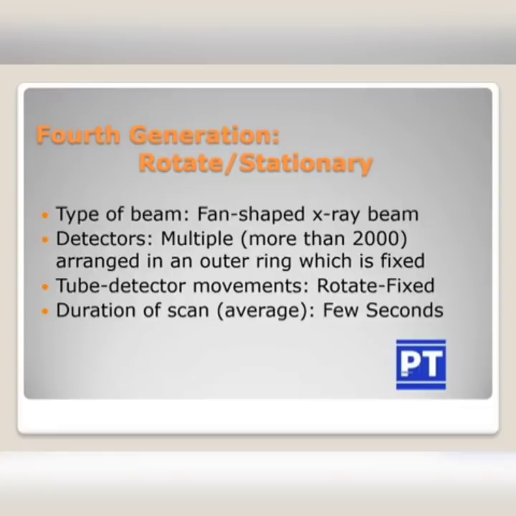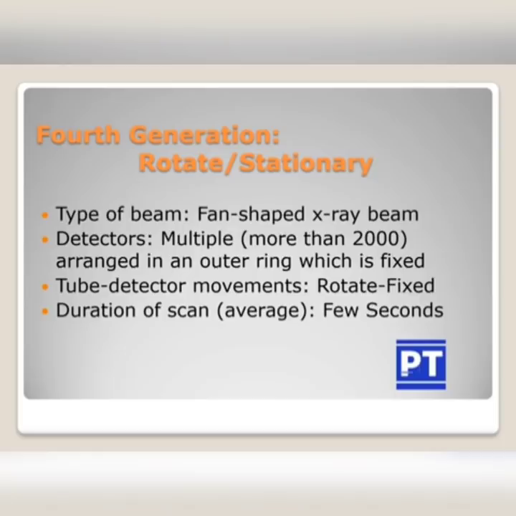Fourth generation, or rotate stationary detectors. So the first one was translate rotate, the second was also translate rotate, the third was rotate rotate, and the fourth generation is rotate stationary. Here the type of beam is the same as before, a fan-shaped X-ray beam.